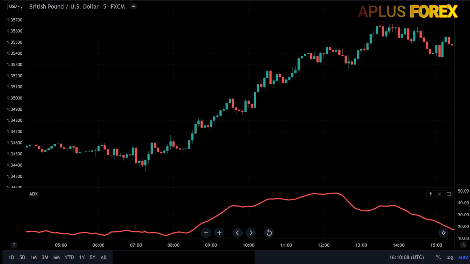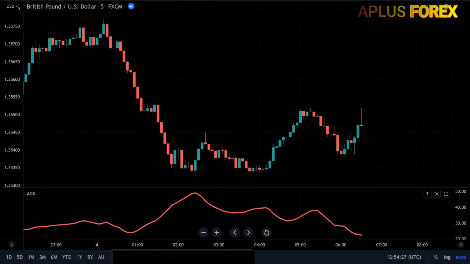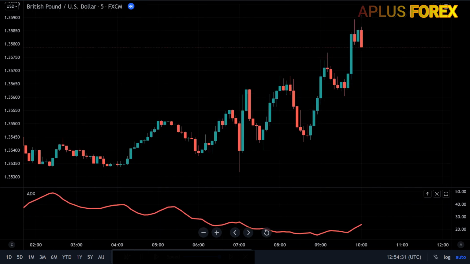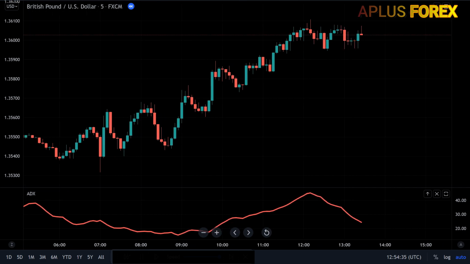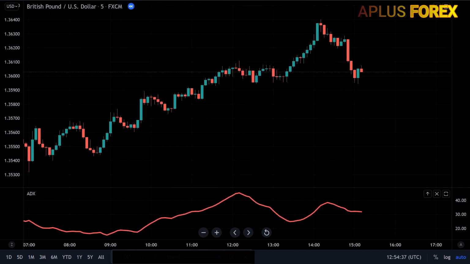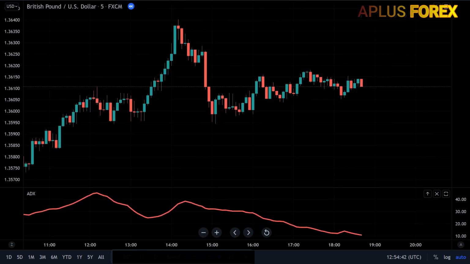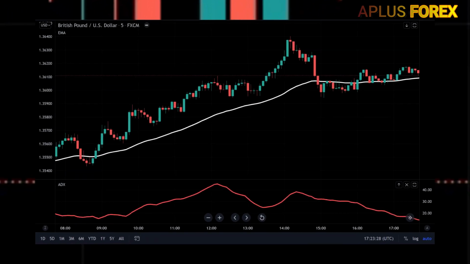Our last strategy with this indicator will be more reliable because we will add the 50 exponential moving average. The idea is that because this indicator only shows us the strength or momentum of a trend, the EMA will tell us about the direction of the trend. When we combine the two, we get more reliable trading opportunities.